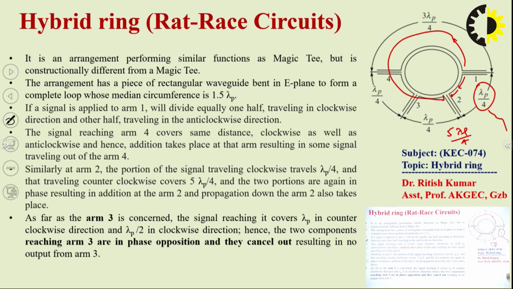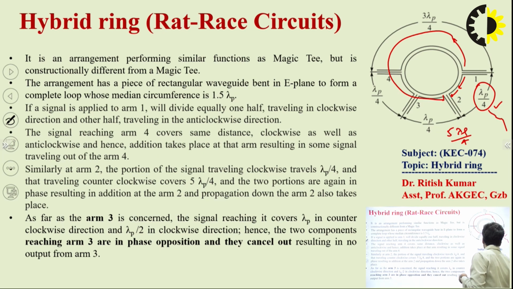If we find the phase corresponding to this path, we know that phase difference is equal to 2 pi by lambda into path difference. So this is 2 pi by lambda p, and lambda p by 4 cancels out.